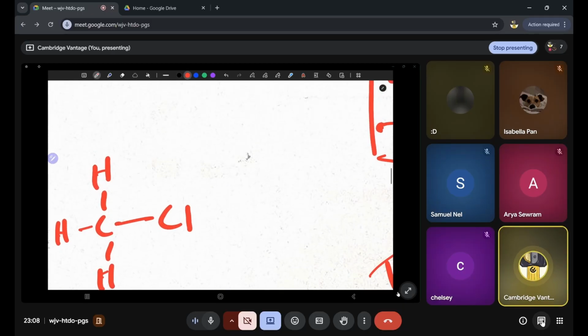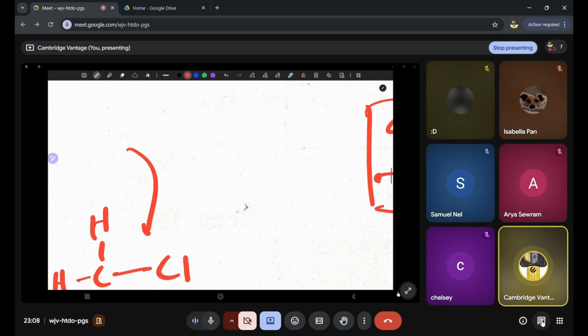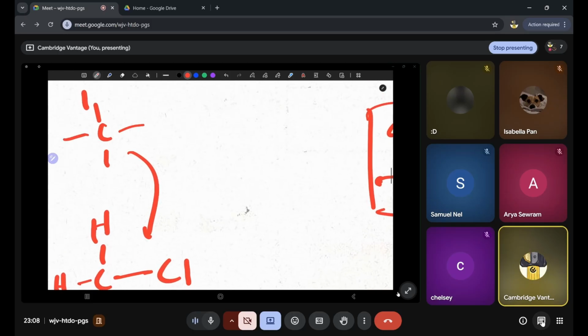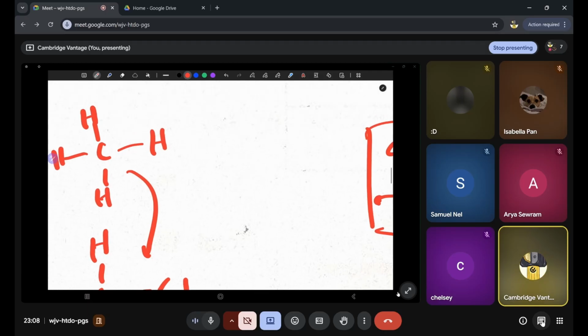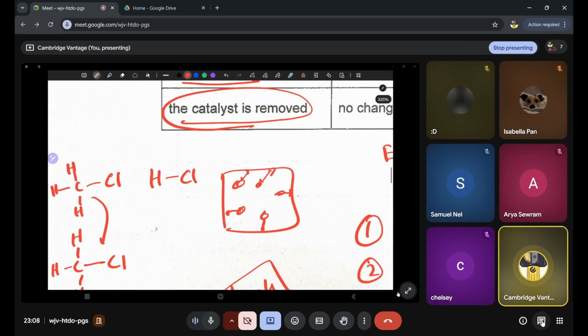But this isn't really happening in one single step. There are multiple steps involved underneath. There is a step where this bond is breaking and hydrogen is removed, a step where the chlorine is attaching, and then a final step where hydrogen and chlorine are attached. So a reaction has many internal steps before you reach the final product.